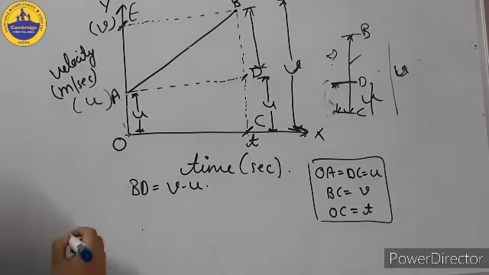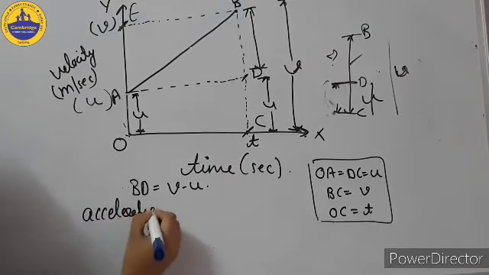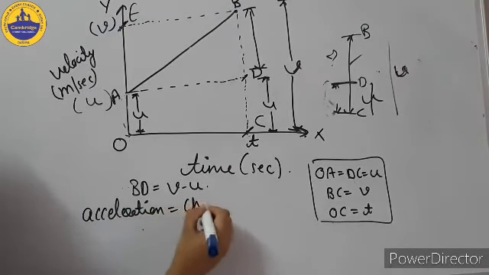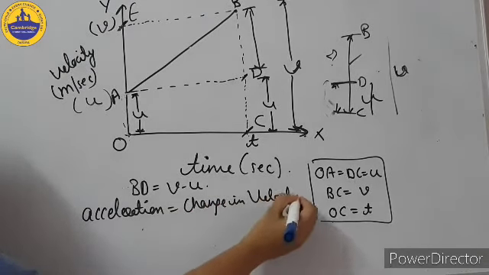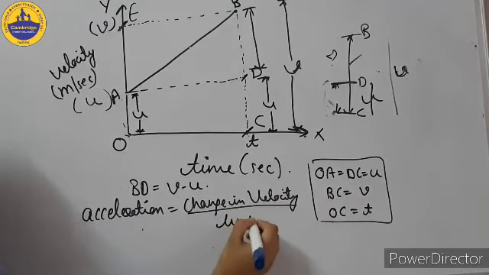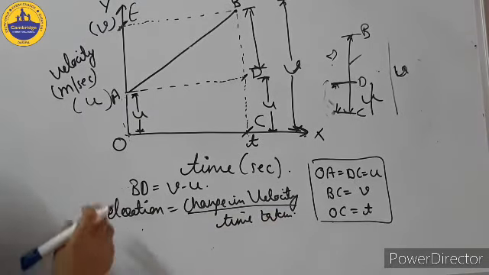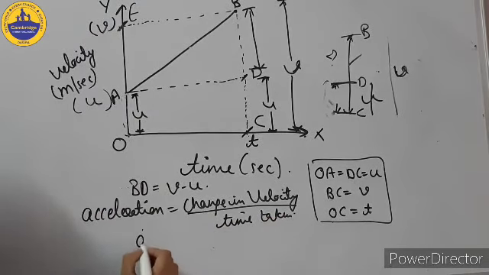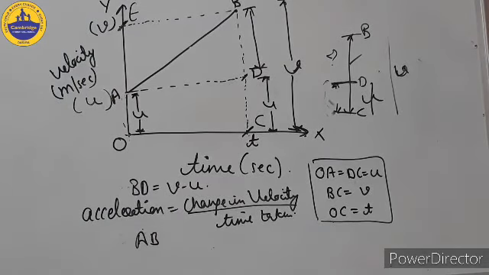Now we have to find out acceleration. Acceleration is equal to change in velocity over time taken. If you look at the graph carefully, acceleration is given by AB. The slope of the velocity-time graph will tell you the acceleration.